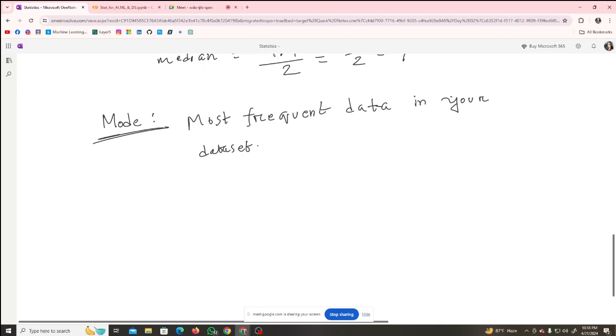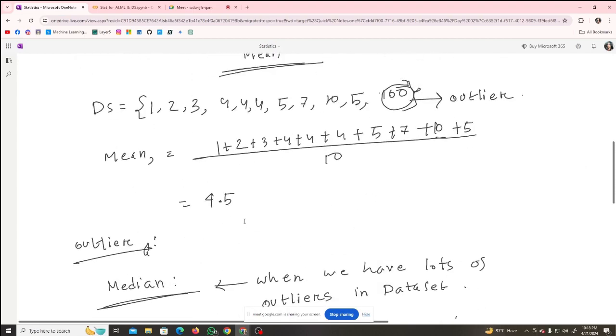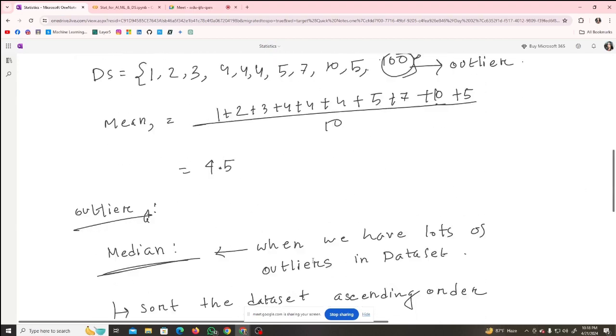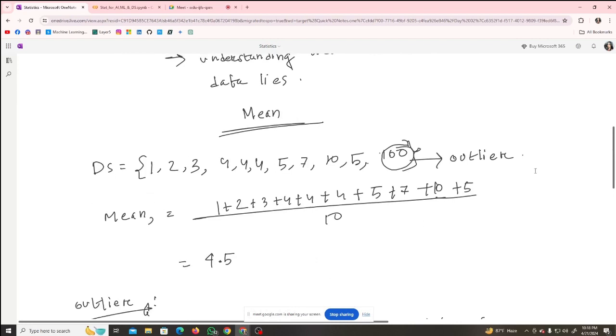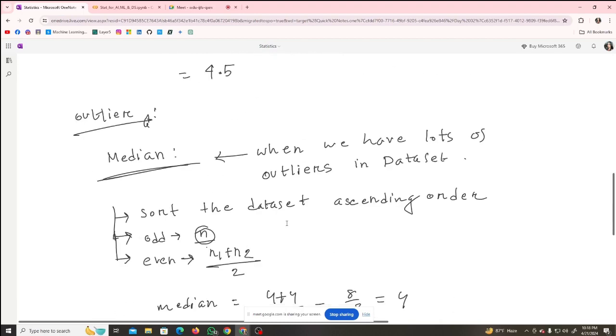Let me show you how to find the mode. Okay, so in this distribution of data, you can see the number that is repetitive here is 4, right? There are 4s over here.